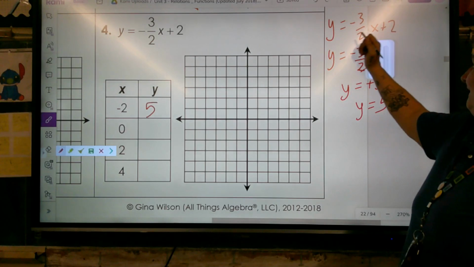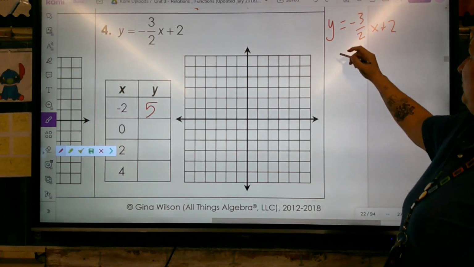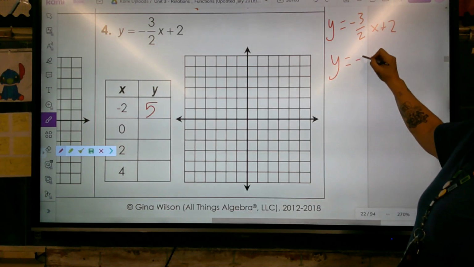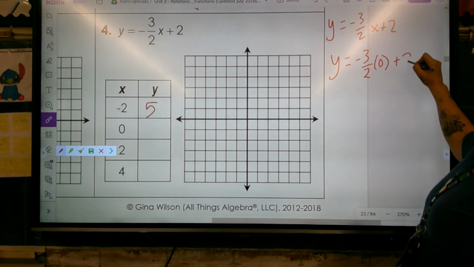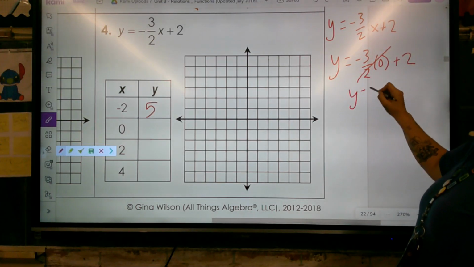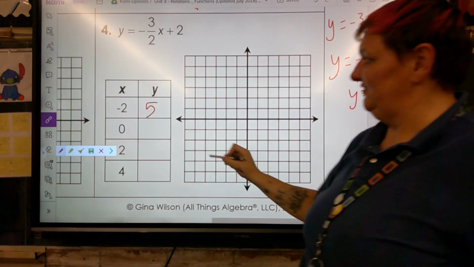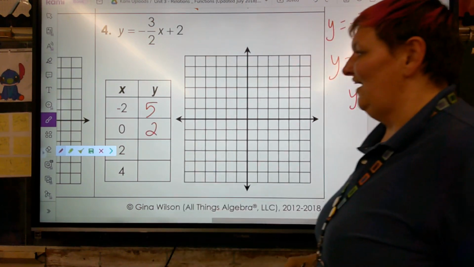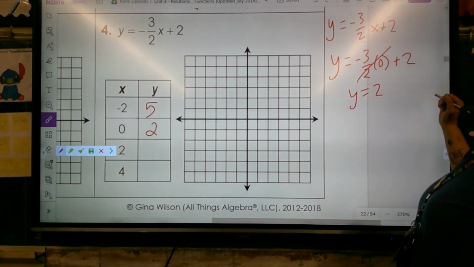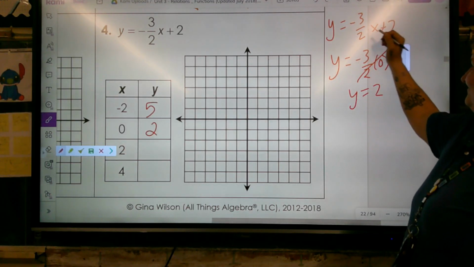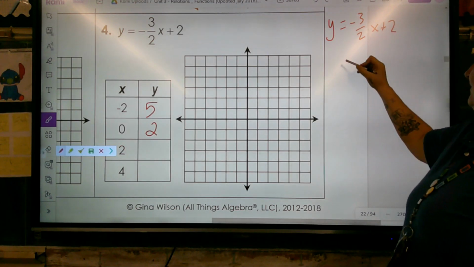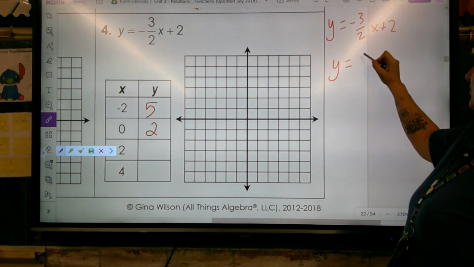All right. What about when x is 0? You should already know the answer to this. Anything times 0 is 0. So y is going to have to equal 2. I love zeros. It makes everything so much easier. What if x is 2?